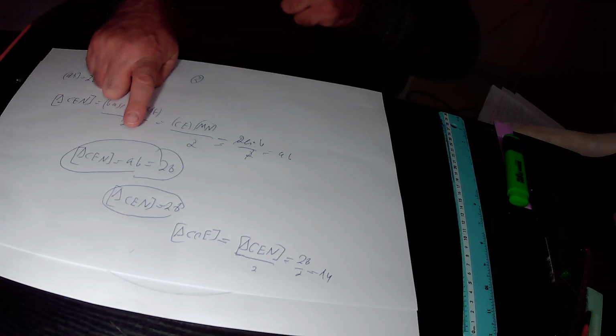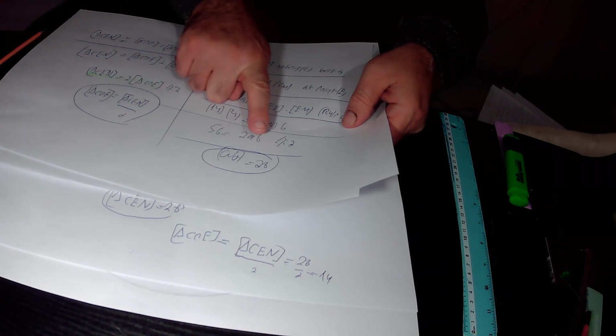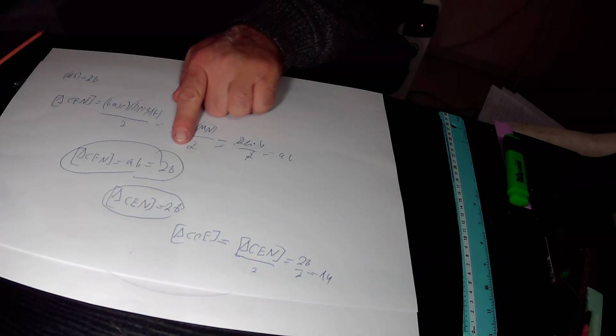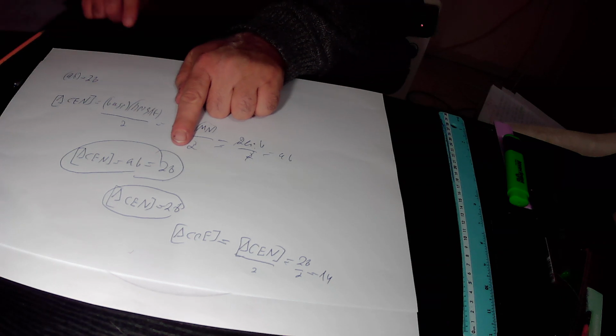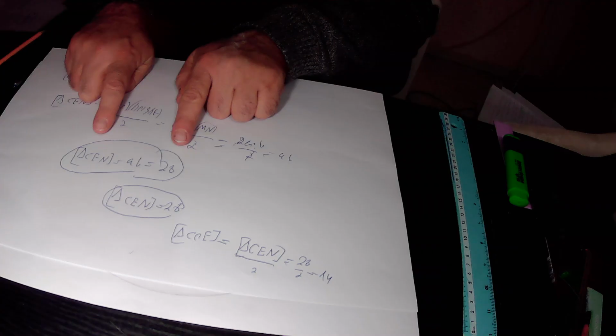So in total we found that the area of the big triangle CN equals A times B. But according to rule 65, A times B equals 28. So we can write that A times B equals 28, and from this equation, we know that the area of the big triangle CN equals 28 square units.